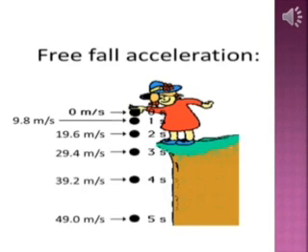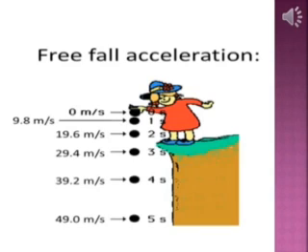At the end of the third second, it has a velocity equal to 29.4 meter per second. At the end of the fourth second, it has a velocity equal to 39.2 meter per second, and at the end of the fifth second, it has a velocity equal to 49.0 meter per second.